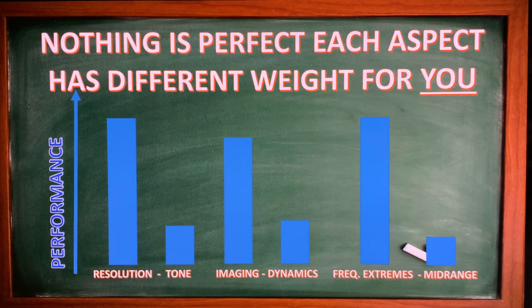The third category that I want to mention, which is really critical when you are looking for things, especially loudspeakers. Loudspeakers and amplifiers are the ones that really impact most of these pairs. The third pair is the frequency extremes and the mid-range. And this is basically entirely up to the loudspeaker.